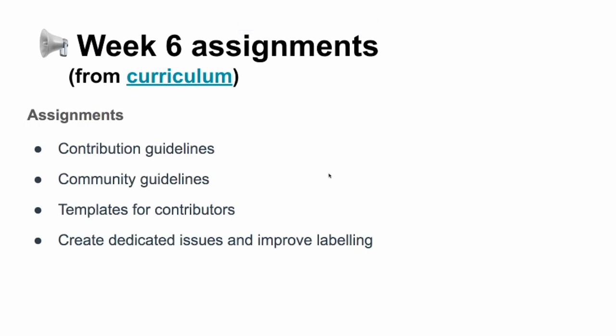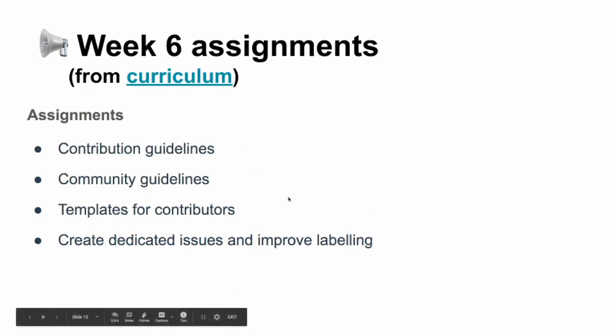So, last but not least, for this week, you have some assignments to do. First of all, please write some contribution guidelines and also community guidelines. Contribution guidelines cover what rules there are, for example how to submit a pull request and so on.